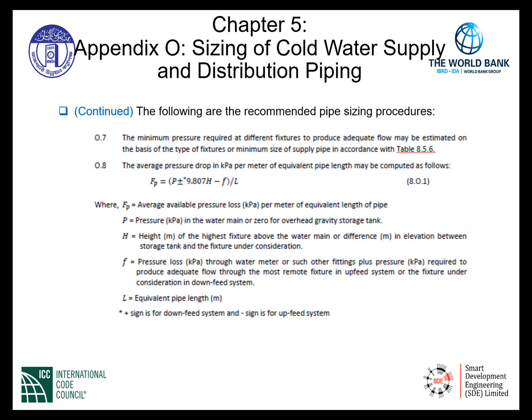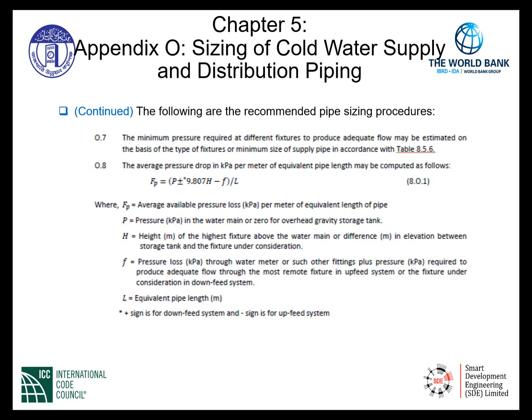P equates to the quantity of pressure in the water main, or 0 for overhead gravity storage tanks. We look at the height in meters of the highest fixture above the water main, or difference in meters in elevation between the storage tank and the fixture under consideration. Again, we call this the head, or the total height of difference.